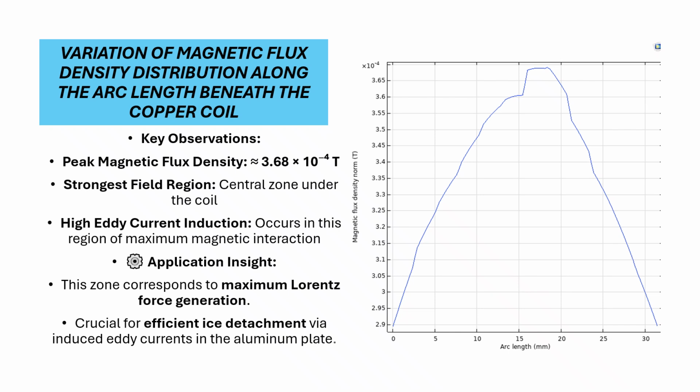It provides high eddy current induction that occurs in this region of maximum magnetic interaction. This zone corresponds to maximum Lorentz force generation, which is crucial for efficient ice detachment through induced eddy current in the aluminum plate.